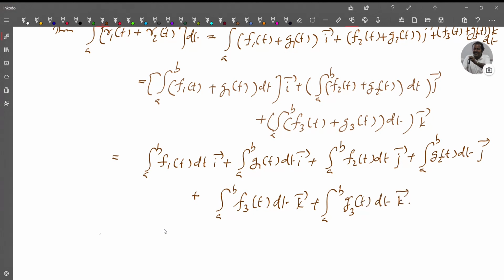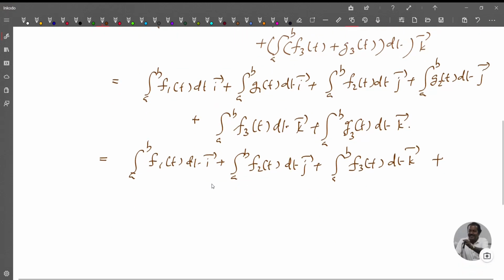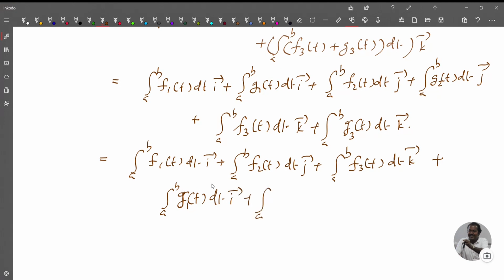So this is equal to integral a to b f1 of t dt i plus integral a to b f2 of t dt j plus integral a to b f3 of t dt k plus integral a to b g1 of t dt i plus integral a to b g2 of t dt j plus integral a to b g3 of t dt k.